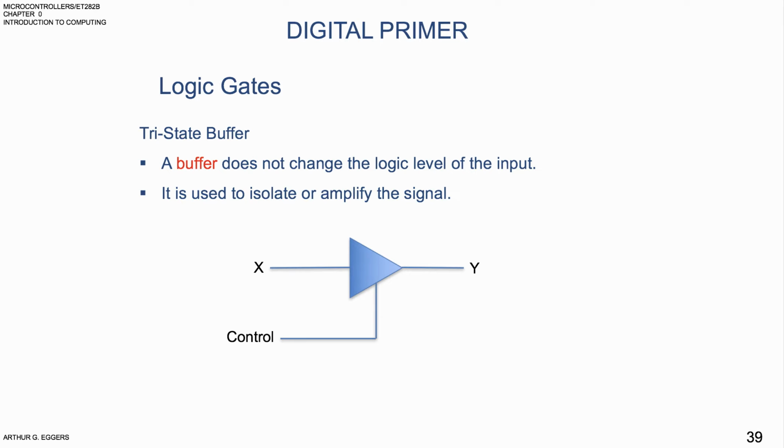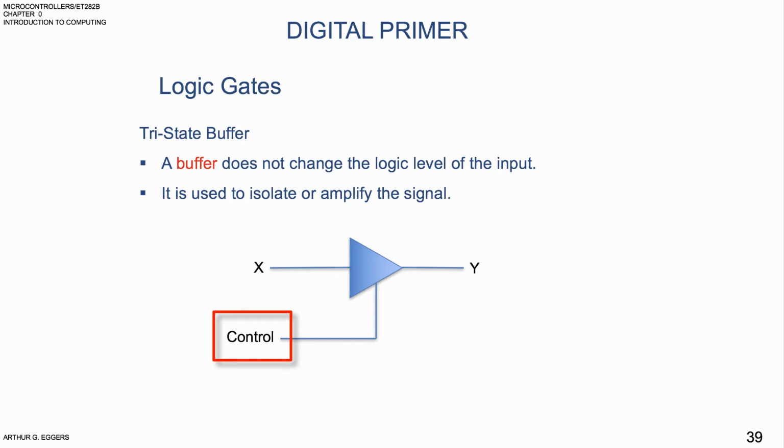The tri-state buffer: a buffer does not change the logic level of the input, and it's used to isolate or amplify a signal. You can see there with the tri-state buffer, we've got a control function that will allow the device to be controlled on and off, however you want to think about it. It's a pass-through.